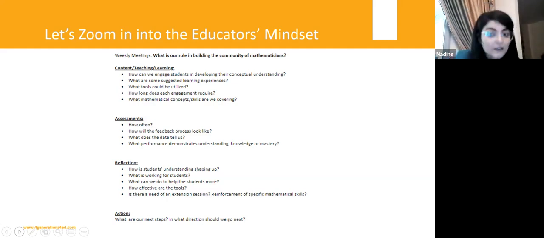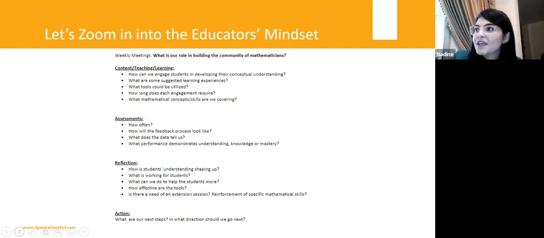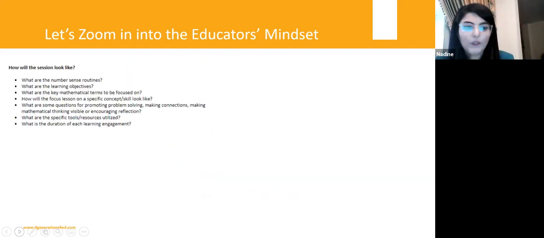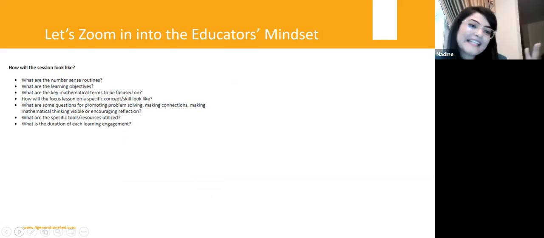As educators, it's also so important to set next steps, to know where we are going to head, either in the coming future or maybe next week, depending on what we are discussing in our meeting for setting goals.